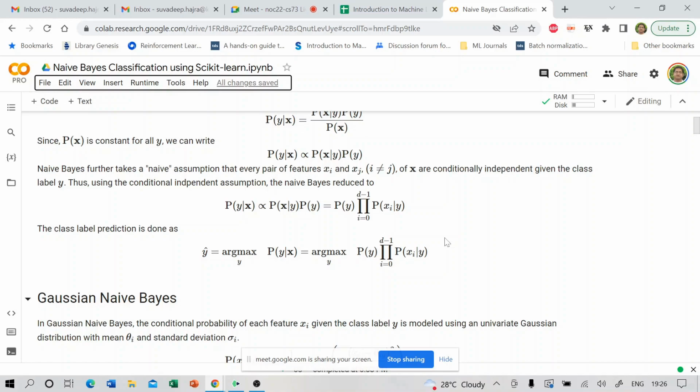Now if we want to calculate the total number of parameters, we need to think about how many parameters we need for each distribution.